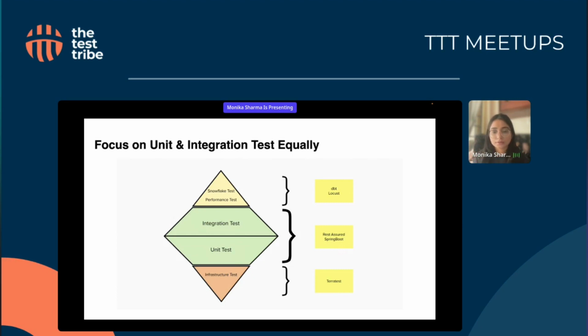For example, let's say we have a use case where I'm going to add unit tests, and in real life there is a lot of integration going on. Integration with AWS, integration with GraphQL, integration with REST calls, and integration with Kafka also.